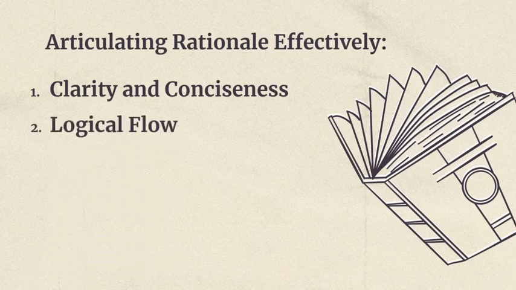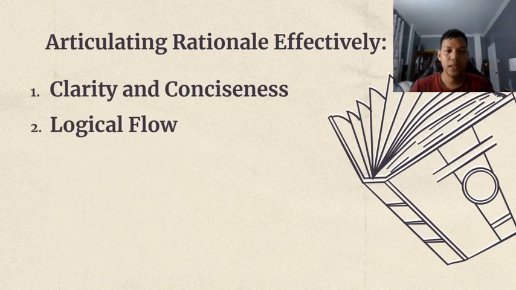The second one is logical flow. In order to have an effective rationale, you need to ensure a logical progression from the broader context to a specific research problem, guiding readers smoothly through your rationale. That is why when you mention the issues, you need to start from the international areas, then the national, and then go to the specific.